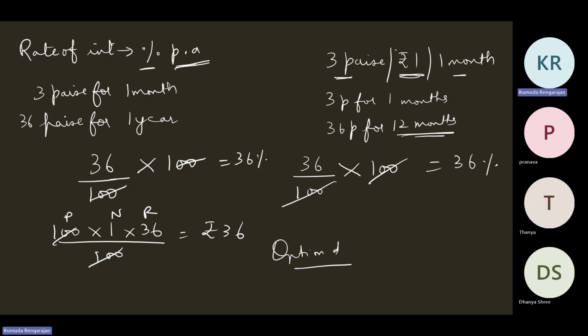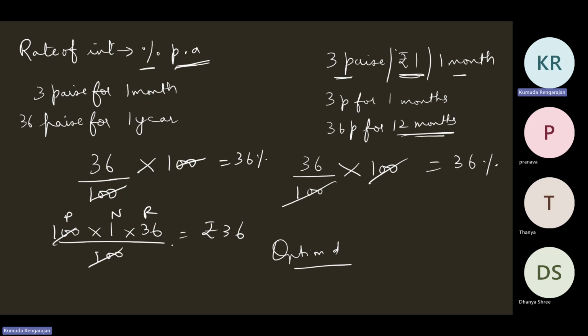All right. Next one. The simple interest on rupees 1,000 for 2 years at 8% per annum is 160. The simple interest is the quick and easy method of calculating the interest charge on a loan.